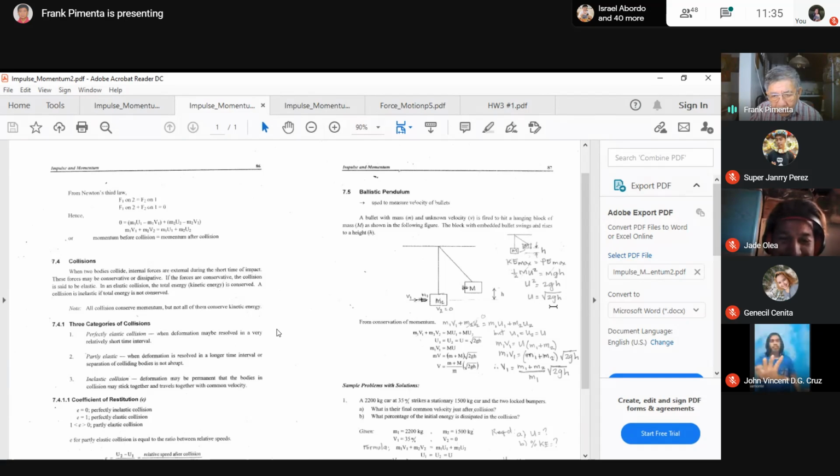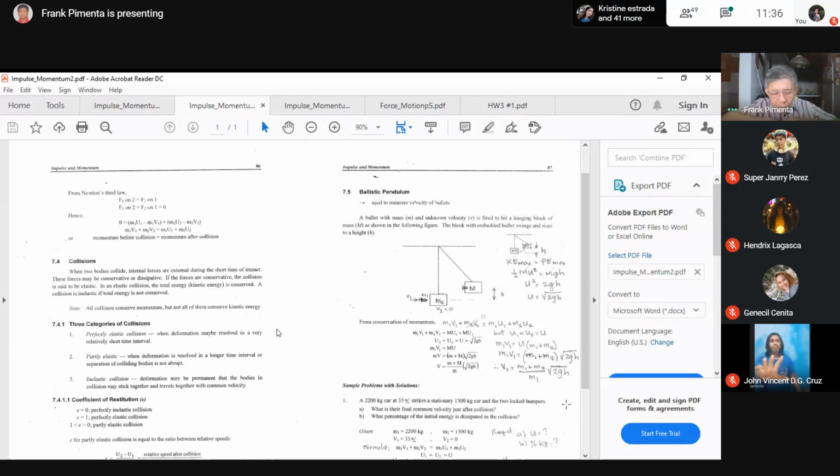Substituting here, we have m1v1 equals m1 plus m2 quantity multiplied by the square root of 2gh. Therefore, the velocity of the bullet is v1 equals m1 plus m2 divided by m1 times the square root of 2gh. So this is the velocity of the bullet.